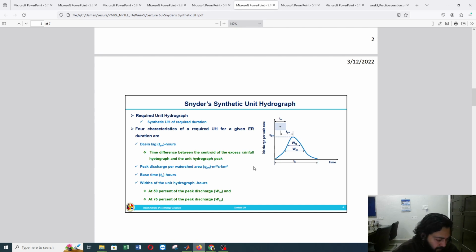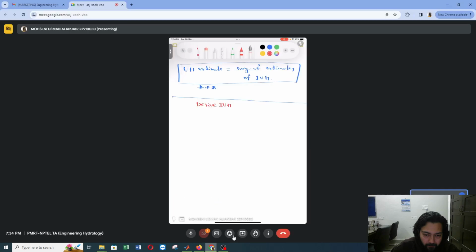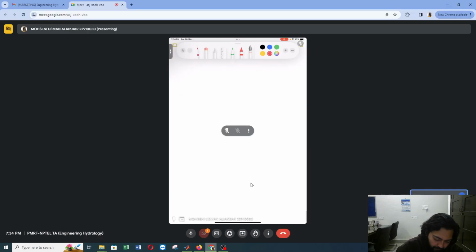So the first characteristic that is there is the duration of effective rainfall, right? We are talking about Snyder's synthetic unit hydrograph, right? So let us see the figure first. Look at the figure here.